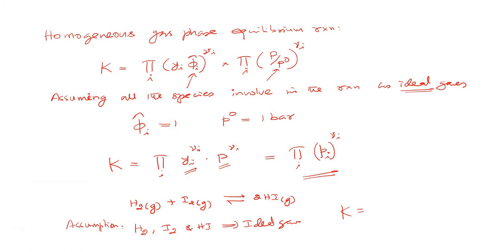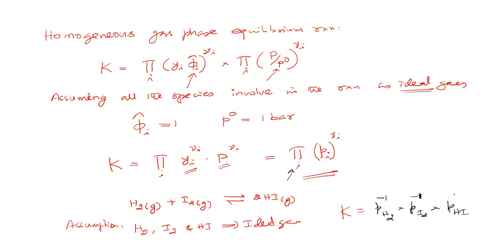K is equal to the partial pressure of hydrogen, with stoichiometric number -1, into the partial pressure of iodine, also a reactant so power -1, into the partial pressure of hydrogen iodide.